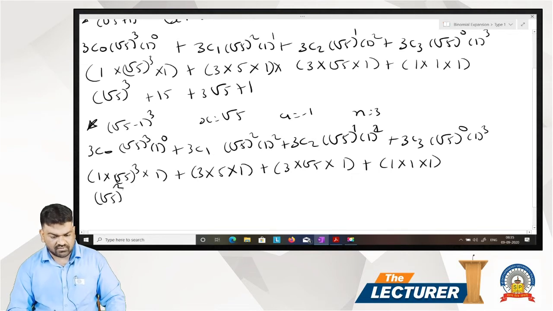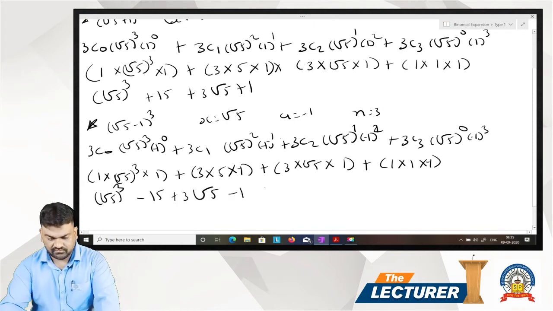Root 5 raised to 3 plus 15, and these are the minus 1 powers: minus 1 raised to 0, minus 1 raised to 1, minus 1 raised to 2 and minus 1 raised to 3. So this is 1, this is minus 1, this is minus 1 squared, plus 1, this is minus 1. So here minus 1 multiplied by 15, that is minus 15, plus 3 root 5 minus 1.